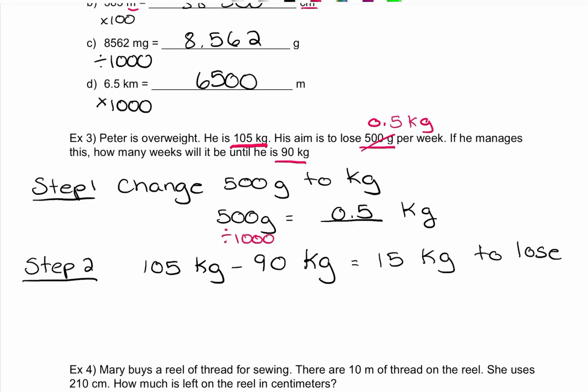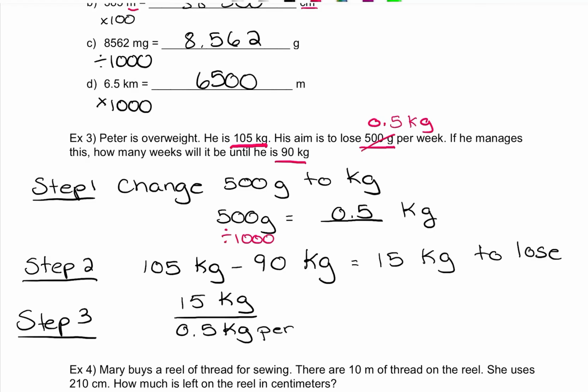He can lose 0.5 kilograms per week. So really, we're just almost setting this up like a unit rate. He has 15 kilograms to lose, divided by 0.5 kilograms per week. 15 divided by 0.5 is 30 weeks. And that's our answer.